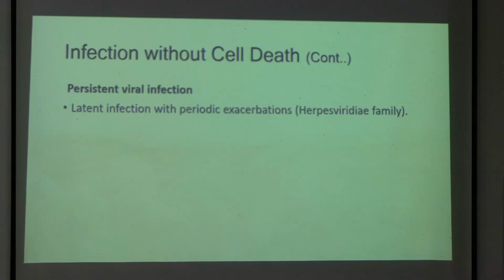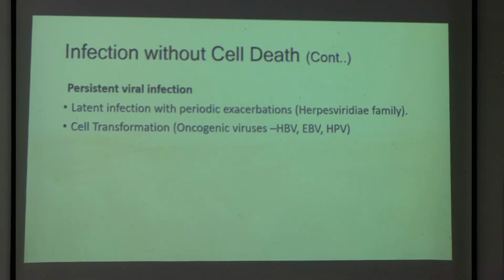Then there is something called latent infection. Persistent infection is otherwise called latent infection. This is mainly seen in the herpesviridae family. Then cell transformation can be seen with oncogenic viruses. After the viruses infect the host cell, they induce cell transformation in the host body.